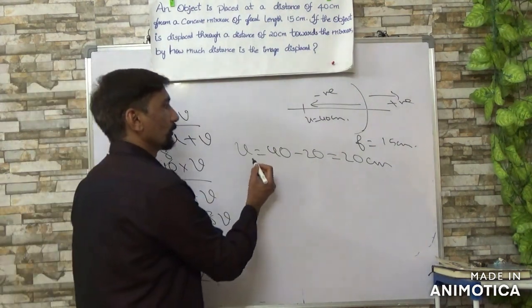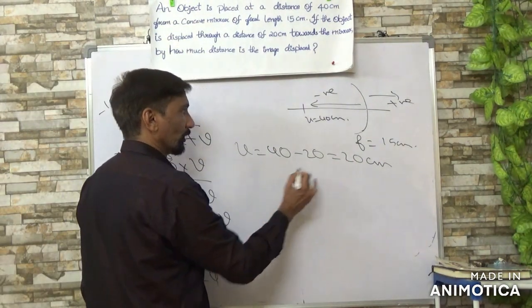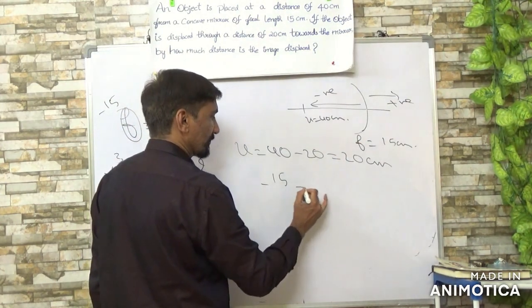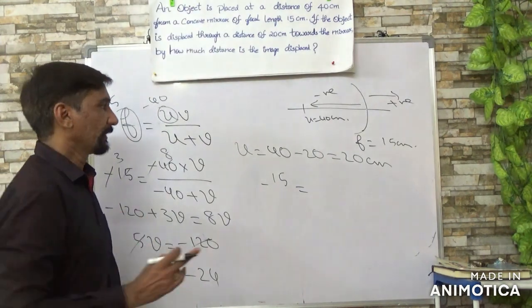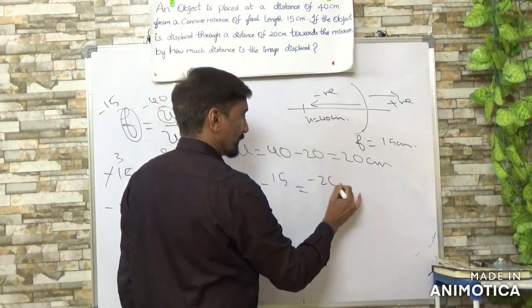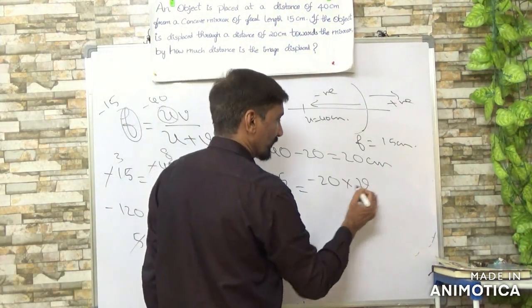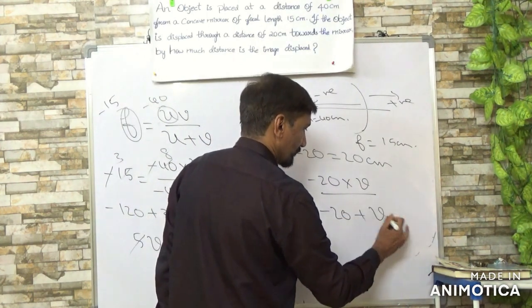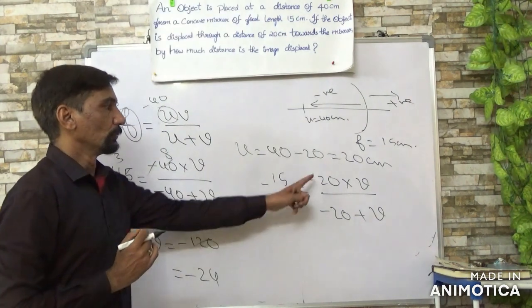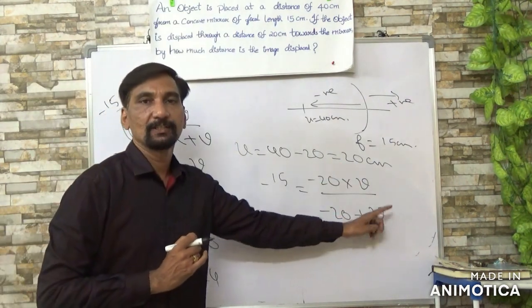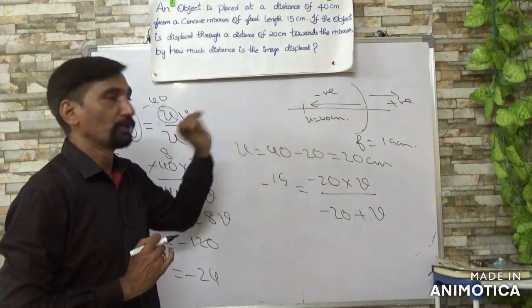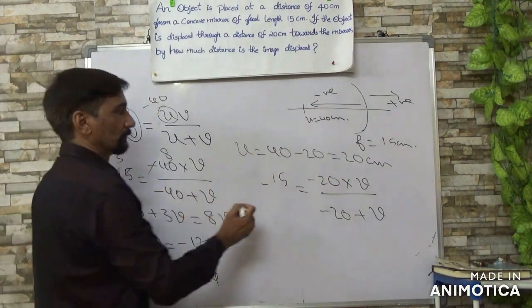Now substitute u as 20, with minus sign, so minus 15 equals minus 20 times v by minus 20 plus v, using uv by u plus v. u is taken negative because the object is in front of the mirror.